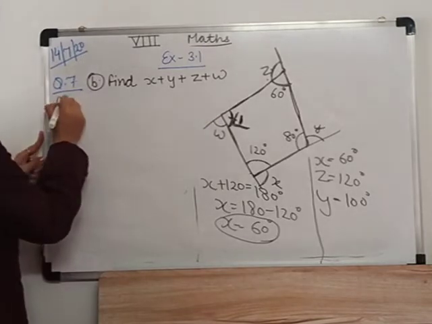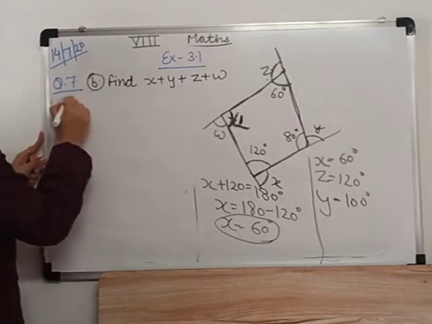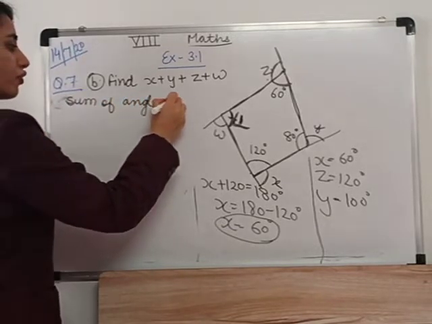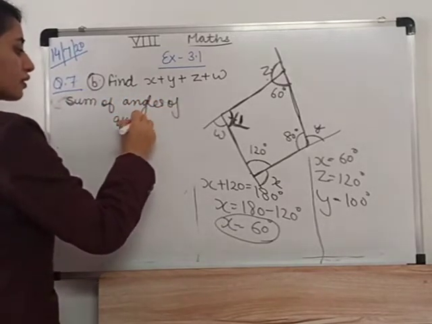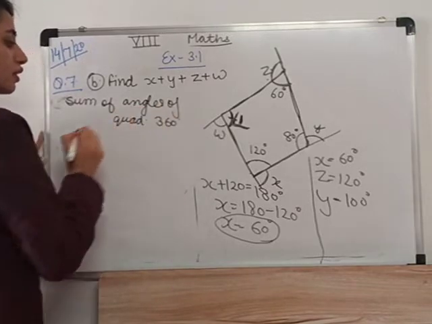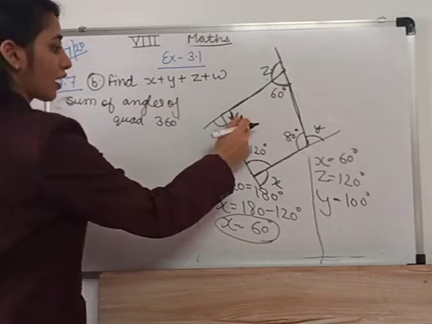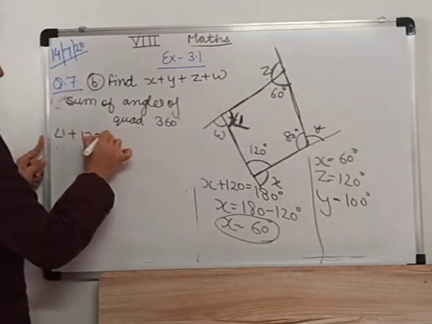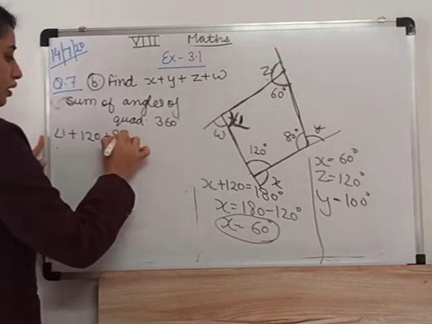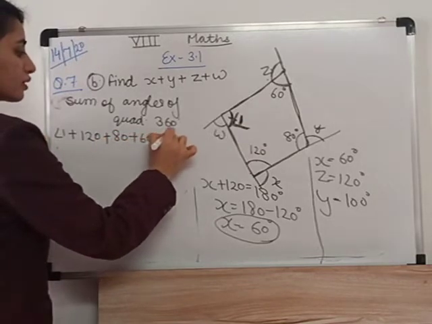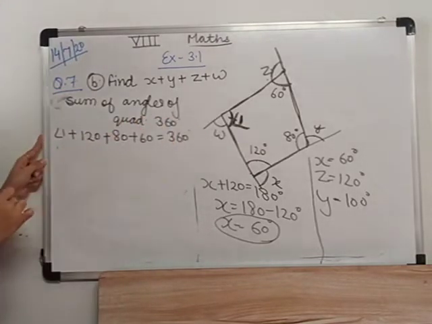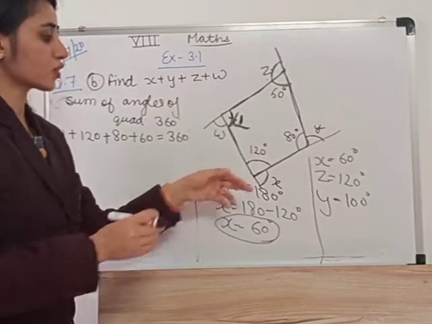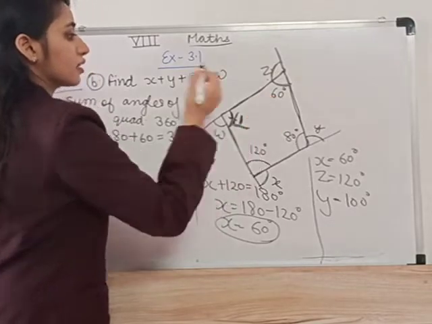We know the sum of the angles of a quadrilateral is 360 degrees, so angle 1 plus 120 plus 80 plus 60 is equal to 360. Understood? The sum of all the interior angles of this quadrilateral is 360.